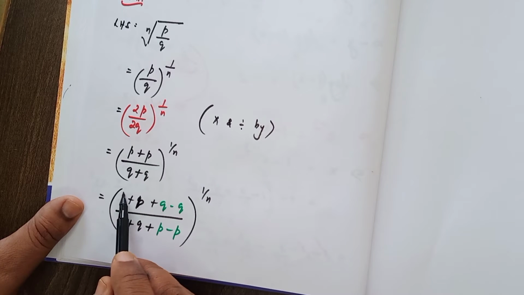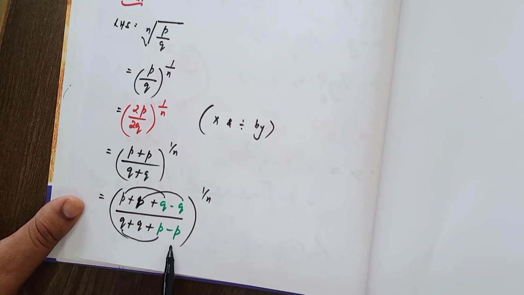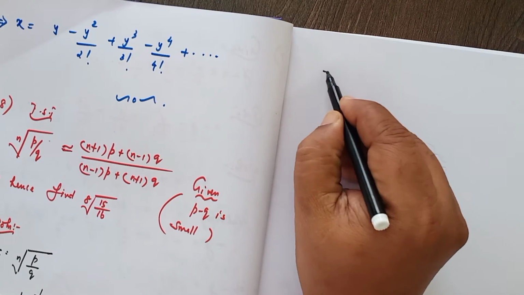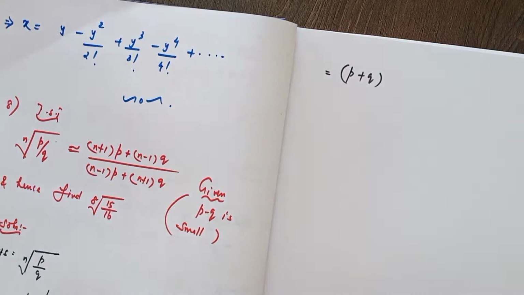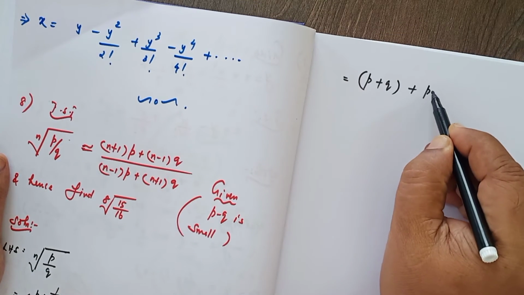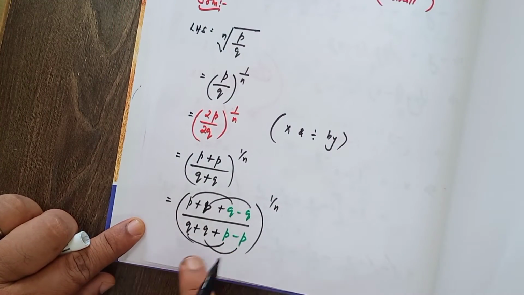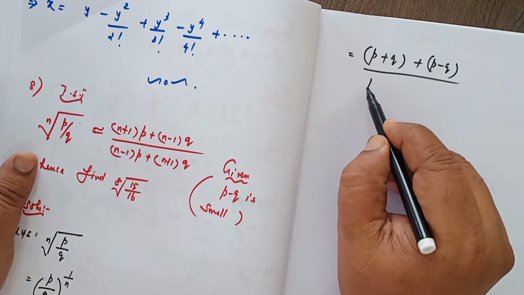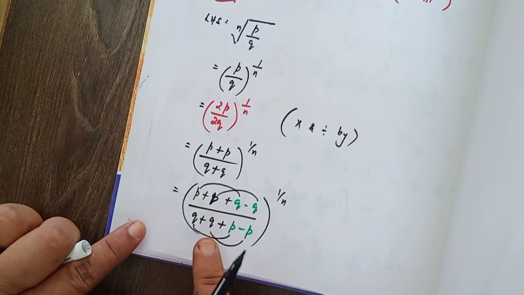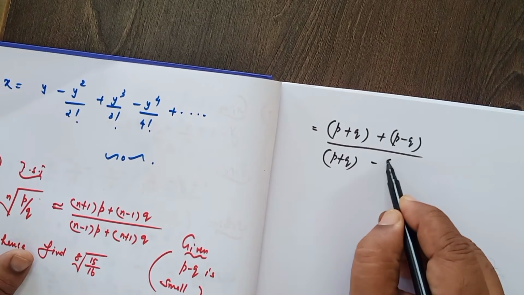Now grouping p plus q and p minus q. So p plus q written as it is, then here p minus q together: p plus q plus p minus q, the whole divided by p plus q as it is, and here we have q minus p, you can write minus of p minus q.